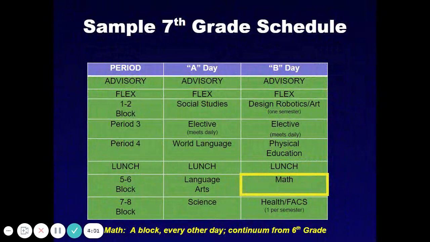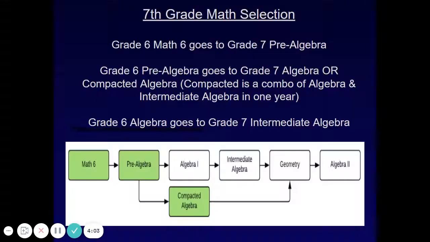The math progression for 7th grade is listed on this screen. You can see if you're currently taking Math 6, then you will go on in grade 7 to pre-algebra. If you're currently taking pre-algebra, the next course would be Algebra 1 or Compacted Algebra.